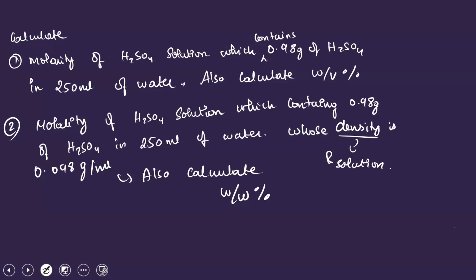First, given mass by molar mass into 1000. Given mass is 0.98 grams, divided by molar mass of H2SO4.